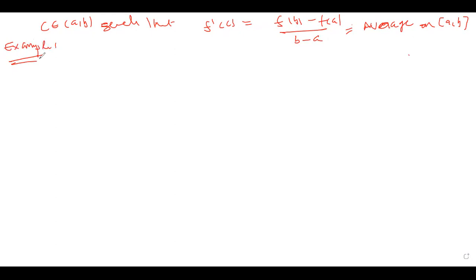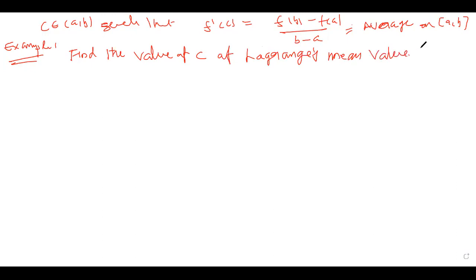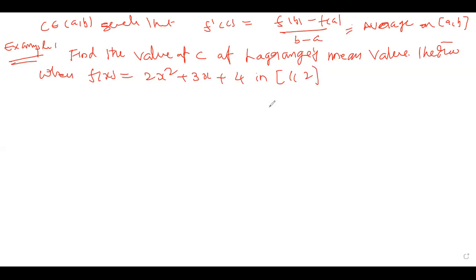Example 1: find the value of c of Lagrange's mean value theorem when the function f of x equals 2x square plus 3x plus 4 in the closed interval 1, 2. This is the given function. Now we have to simplify this problem.